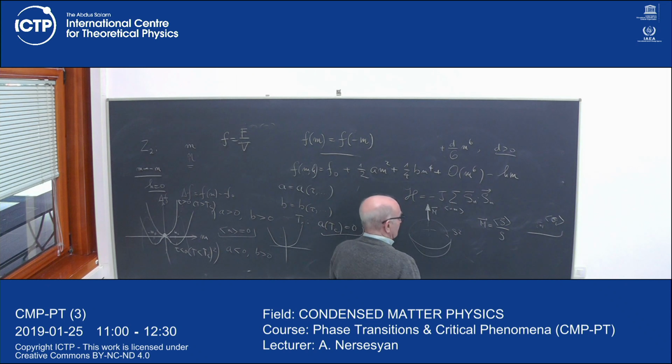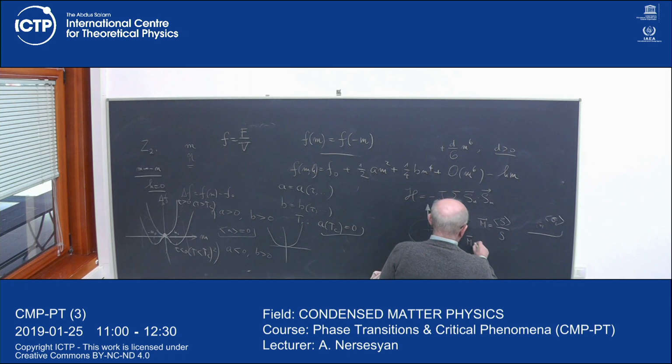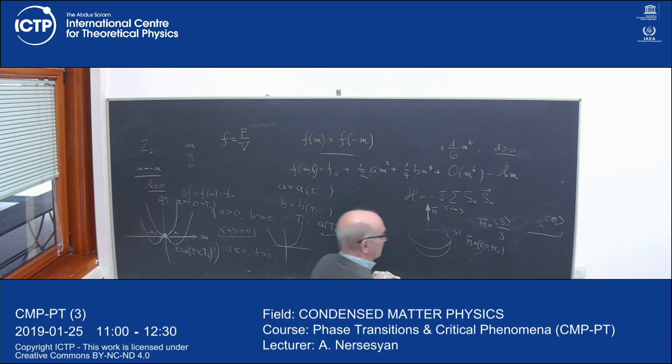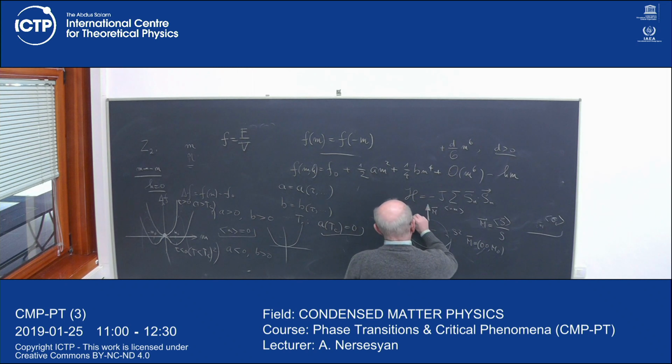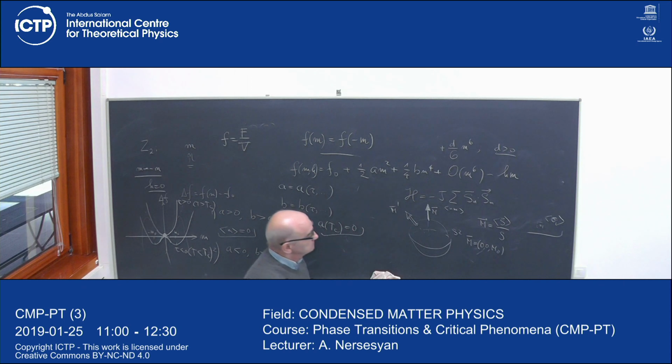In this case, m is 0, 0, and m0 is just the equilibrium value of magnetization in the ordered phase. But if I had chosen any other direction, suppose this one, m prime, it would be as good as the original one.